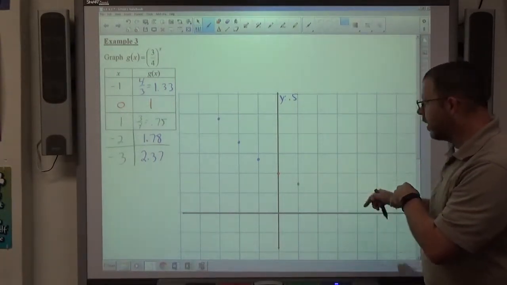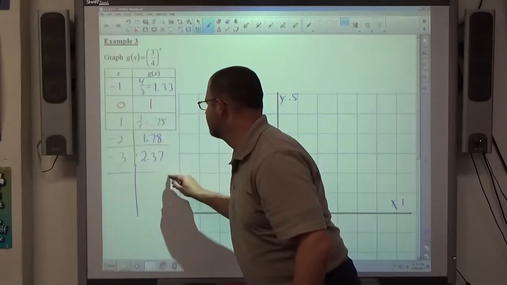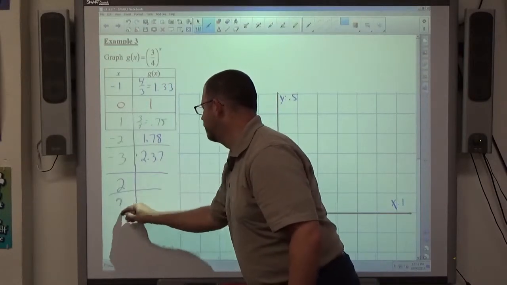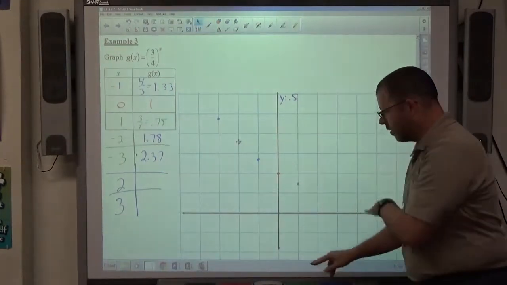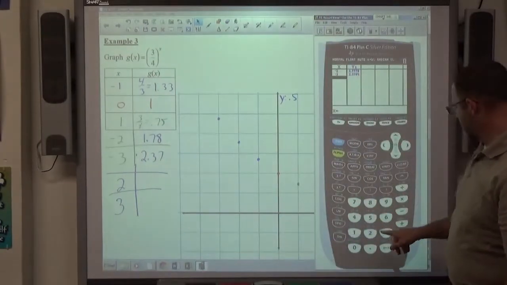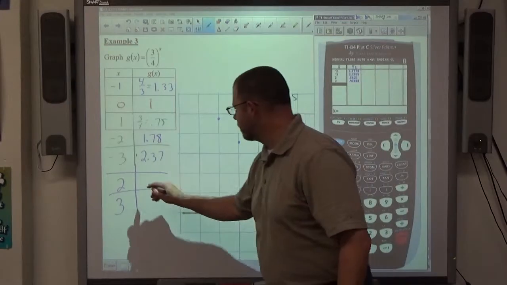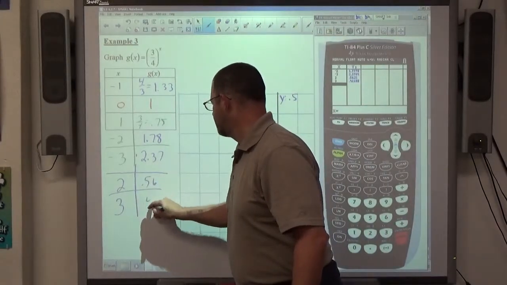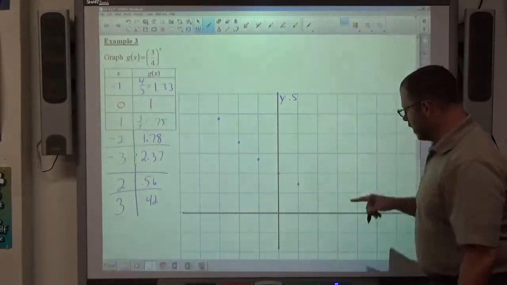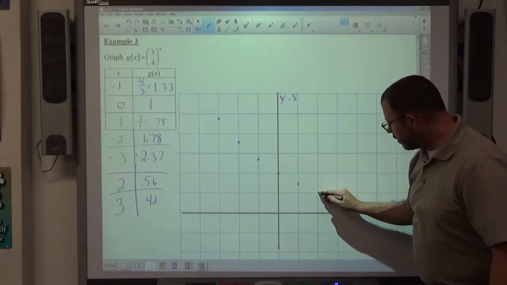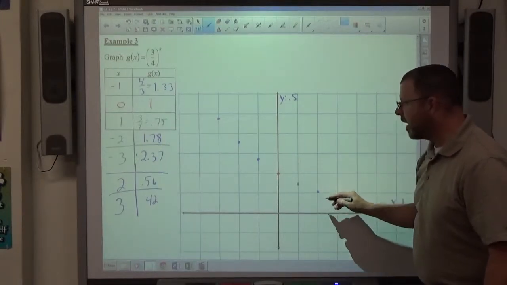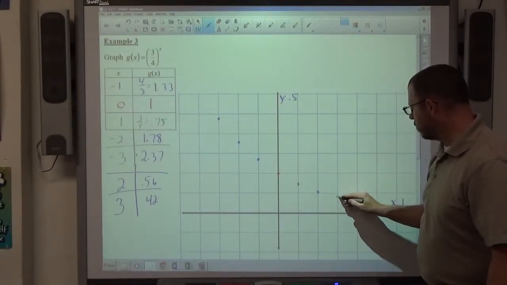If I go this way, let's say I pick a 2 and a 3, just to get a better feel for how it's flattening out also. Type in 2 and 3, and we get 0.56 and 0.42. So at 2, 0.56, which is just above 0.5, and at 3, 0.42, which should be just below 0.5.